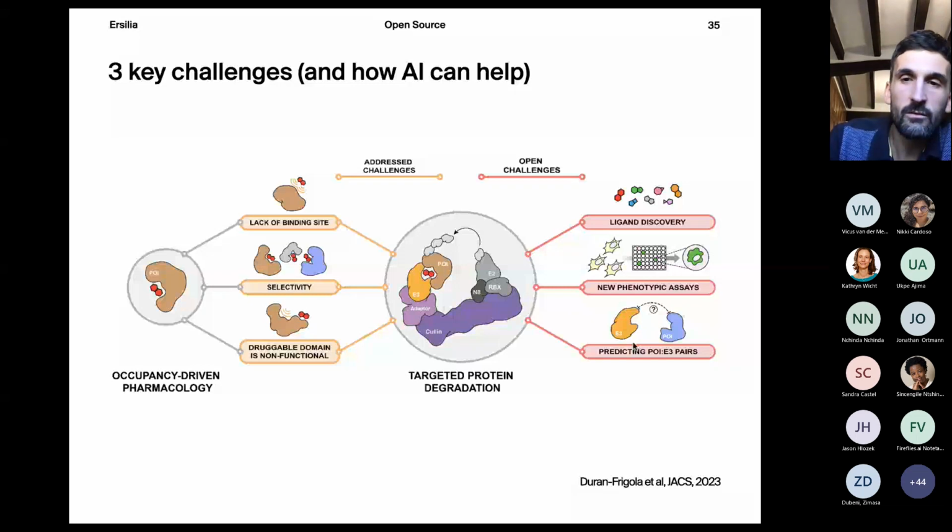The field is quite new and we don't have a lot of data science or computer-aided drug discovery tradition in it, so we need to ask how we can help with AI. I anticipate that a lot of the AI work in drug discovery this year is going to revolve around targeted protein degradation.